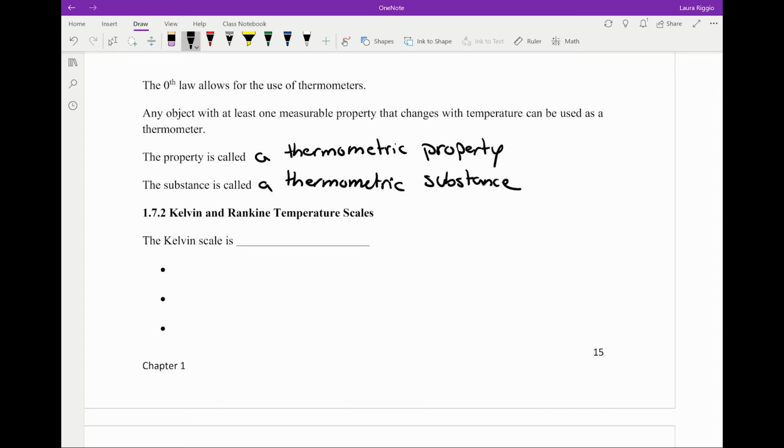We now know what temperature is. What we're going to do next is define temperature scales. We have the Kelvin and the Rankine temperature scales. The Kelvin scale is an absolute thermodynamic temperature scale.